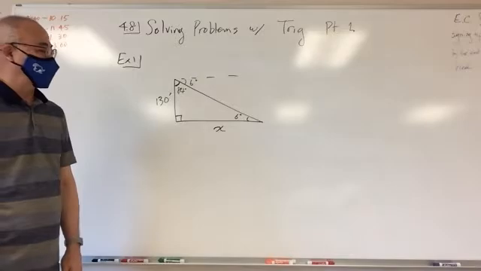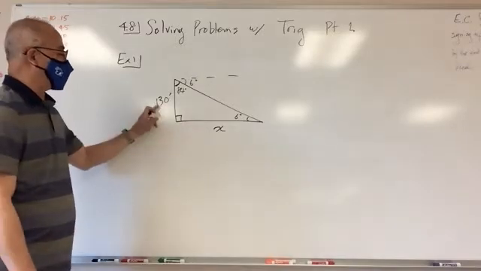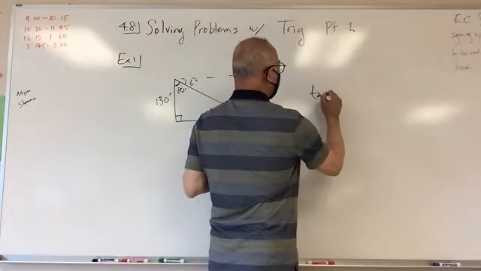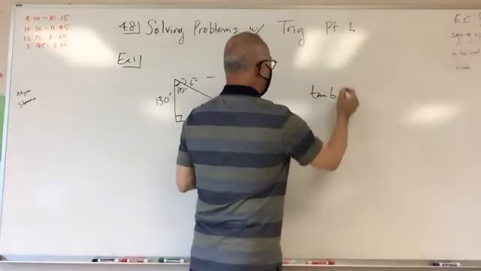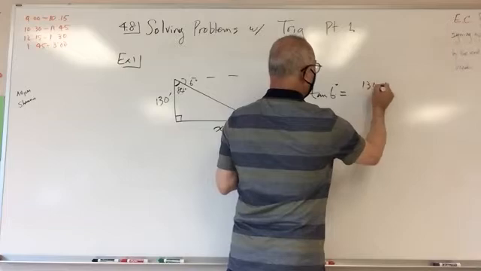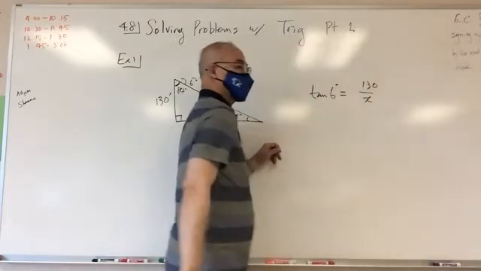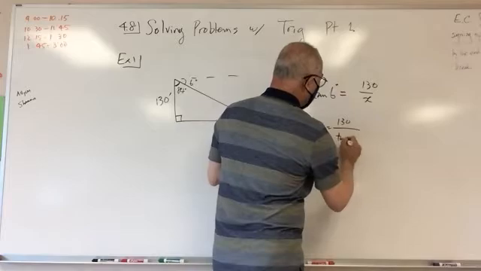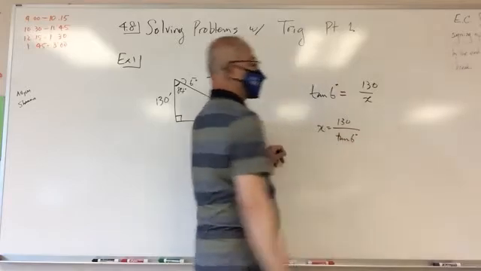So I know I have this angle. Tangent of 6 degrees is equal to 130 over x. So x is equal to 130 divided by tangent of 6 degrees.